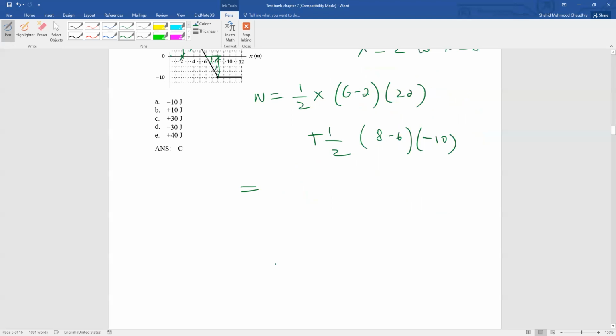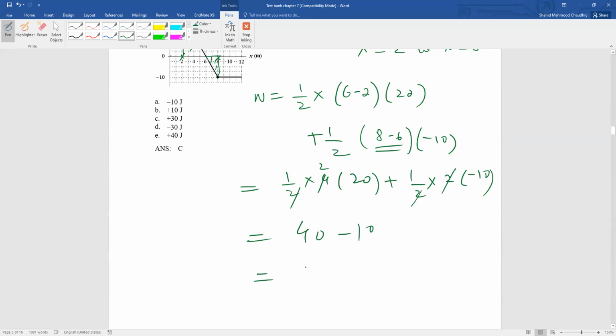Now you can solve this easily. 6 minus 2 is 4. So 1 over 2 into 4 into 20 plus 1 over 2 into 2 into minus 10. So 2 into 2 is 4 and 4 into 10 is 40, minus 10, and this answer is 30 joule. Maybe it can be negative, that's why he has written the answer of negative 30. But our answer is positive.